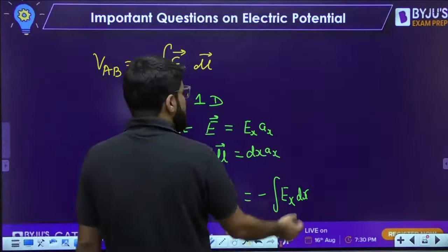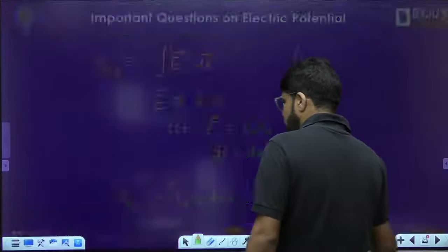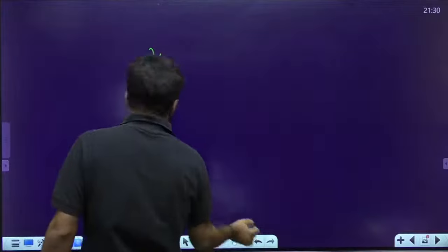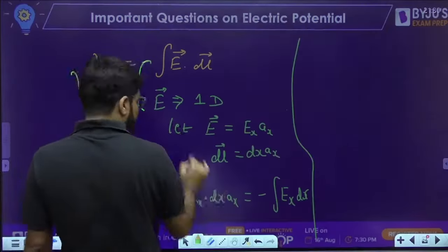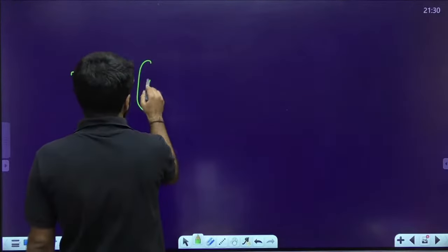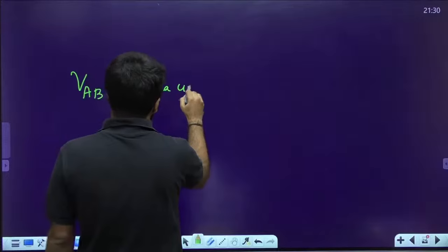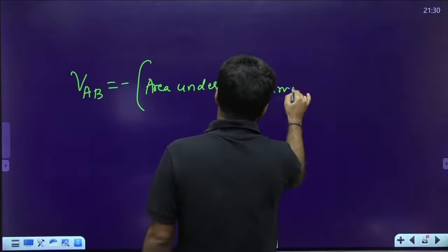So what is this point representing? This is simply telling you that for a 1D field, it is negative of the simple integral of the electric field, and that means the integral is also equal to the area under the curve. So it is negative of the area under the E curve.